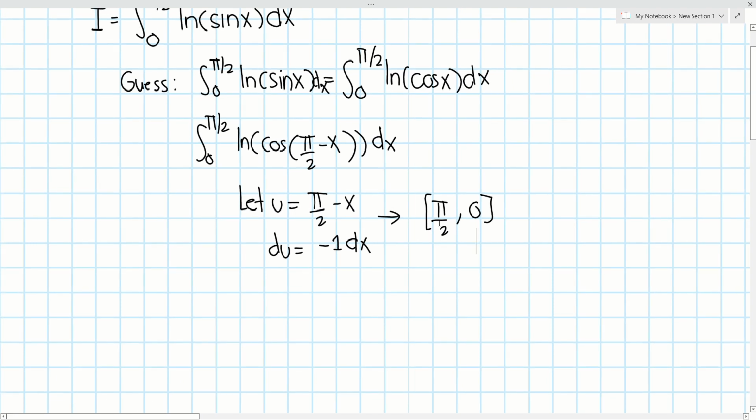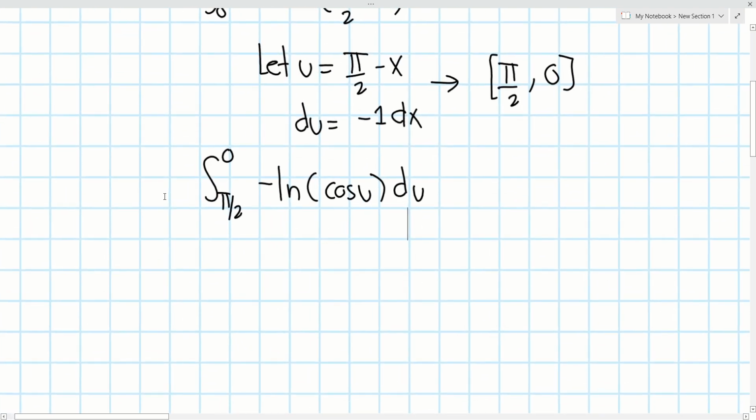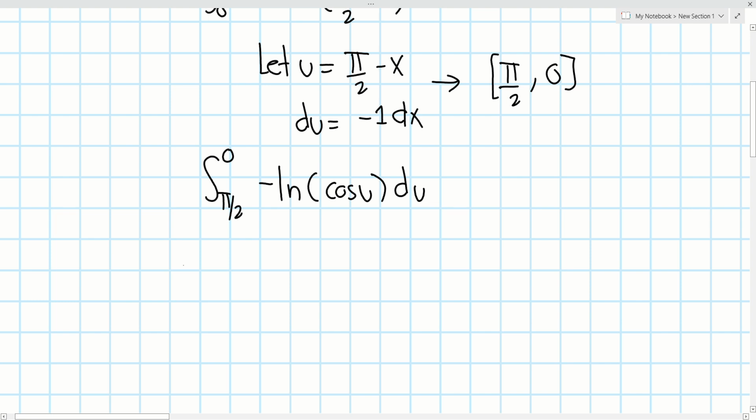So we basically get the integral from pi over 2 to 0 of negative ln cosine u du. Now, since it's negative, we can just flip our bounds and remove the negative. So we get the integral from 0 to pi over 2 of ln of cosine u du.